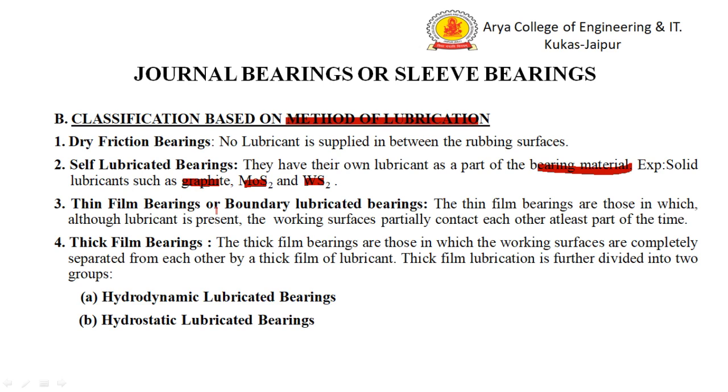In thin film bearings or boundary lubricated bearings, there is a very thin layer of lubricating oil, so the working surfaces contact each other at least part of the time. In thick film bearings, there is a thick film of lubricating oil between the two working surfaces, so the working surfaces are completely separated from each other.